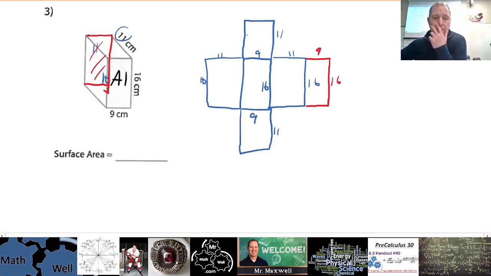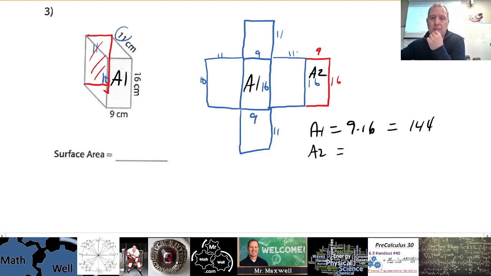So, area 1 is the front side, so I'll make this area 1. Area 1 is 9 times 16, which is, what's that, 90 and 54, so 144. Area 2 is the back side, which is going to be the same, right? Okay, area 3 and area 4 will be equal. We'll make those the top side.